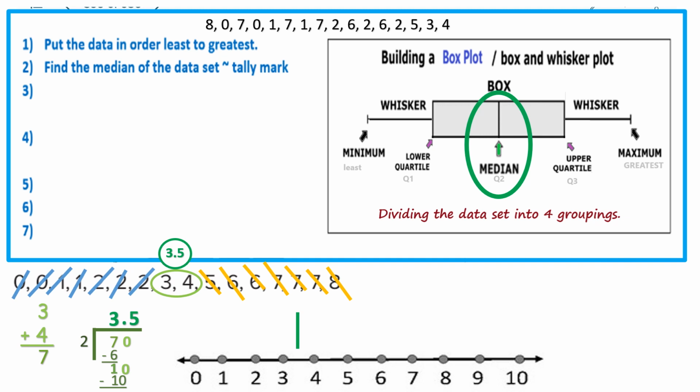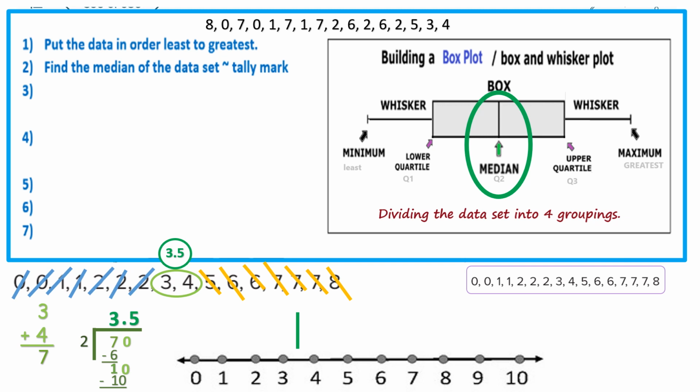So where the 3.5 would be, I'm going to make this tally mark, and this is going to be the first mark of my box plot. Notice I'm not putting it over the line, I'm putting it on top of the line, floating up there in the space. Once I've done that, then hopefully I can see where I'm starting to build those 4 equal groups.